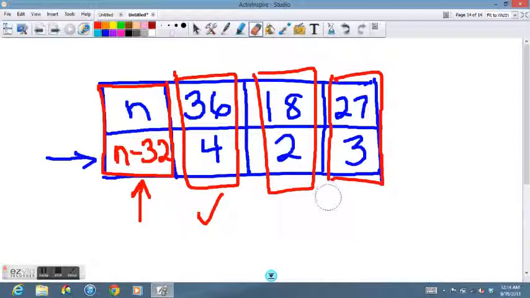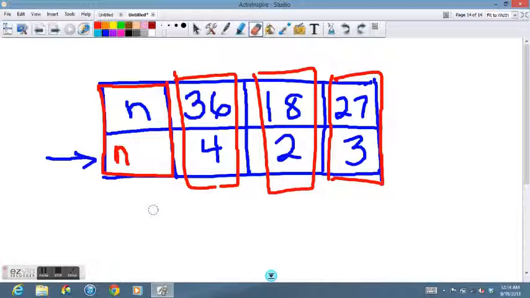Okay, so we have to rethink this, alright? Because the rule has to work for all of the cases. So what else can we do other than subtraction to get a number smaller? Well, how about division? So let's look back at this first case here, 36 and 4.